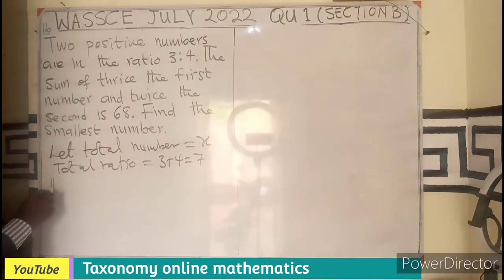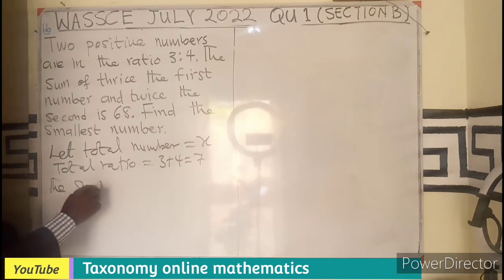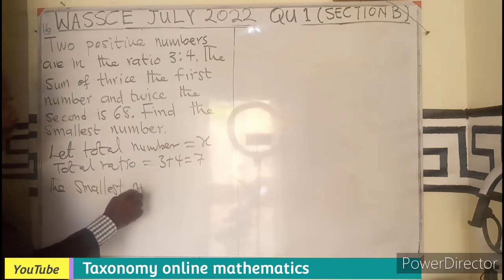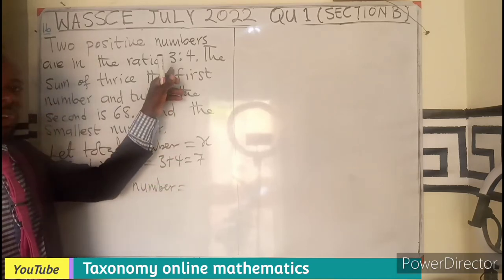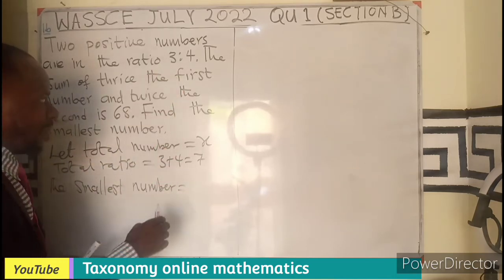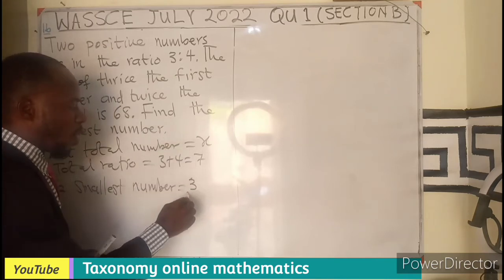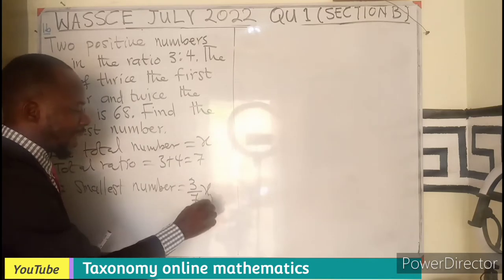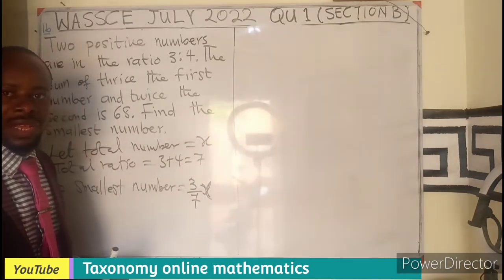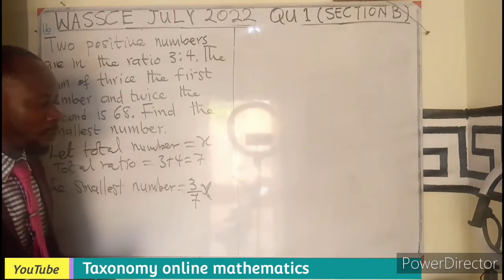So if this is the number that has been reduced to this and this, then the smallest number, or the first number, corresponds to the smallest ratio. So the smallest number is going to be the ratio of the smallest number out of the total ratio times the total number that we are sharing to have 3:4.